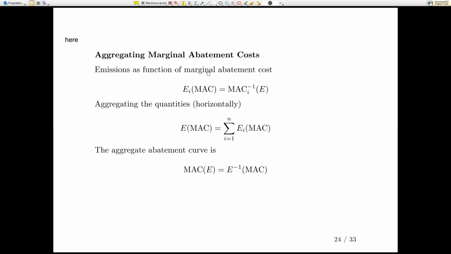Yeah, so here's what we're doing. For every firm, rather than having MAC of i as a function of emission, I'm going to compute how much emission firm i produces for a certain level of, oh, that shouldn't be E there.